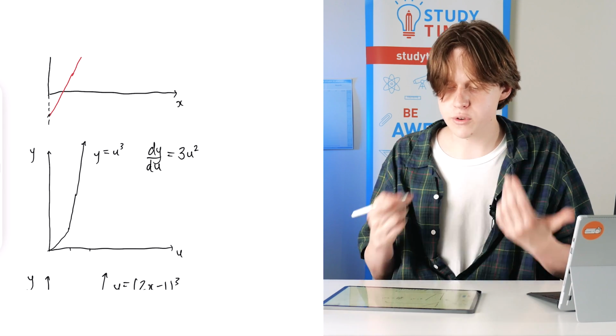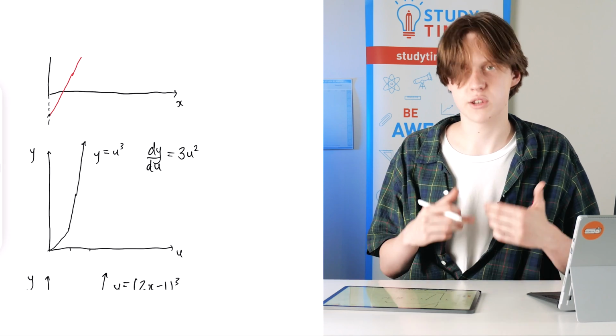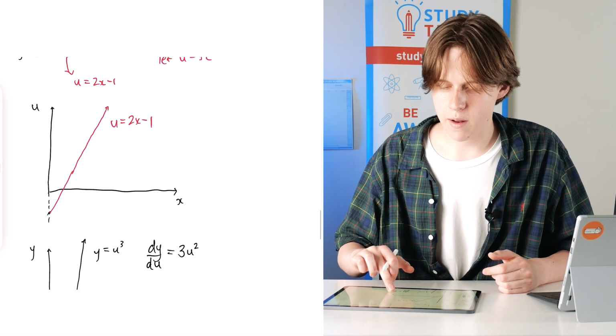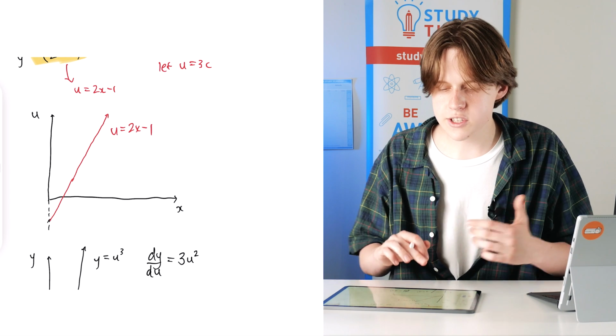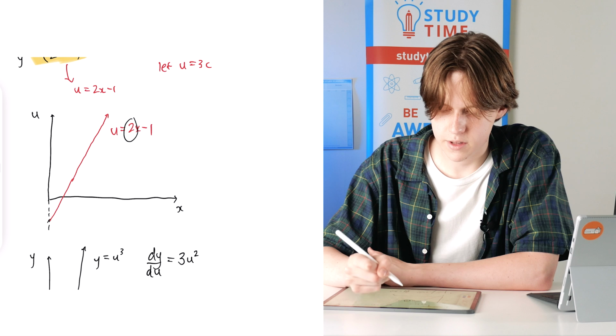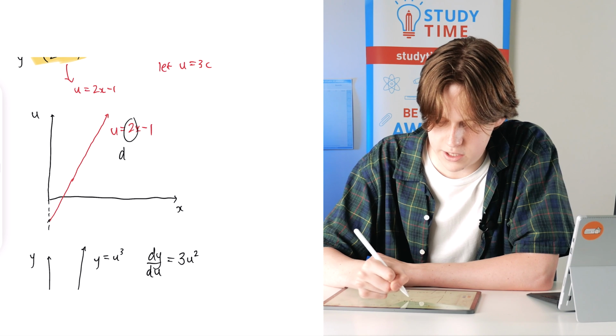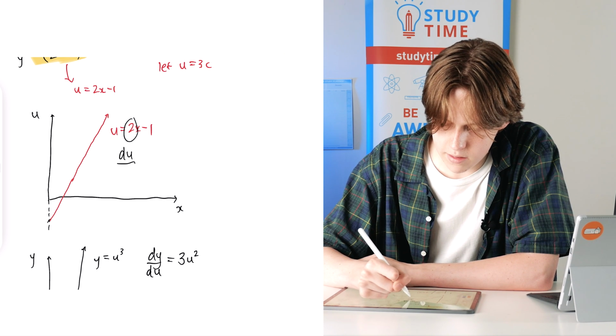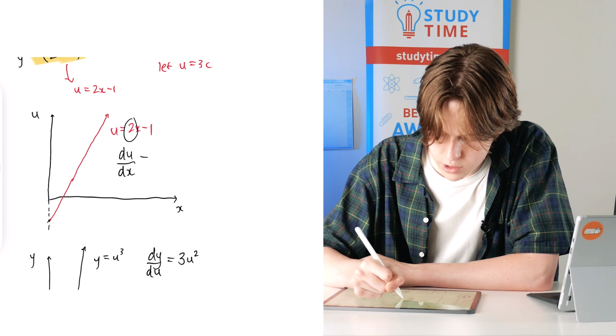And we also know that u equals something to do with x, so we'll add that in later. But here, we need to consider this derivative. Well, we know that we just take this number, this gradient, when we're differentiating. So du by dx equals 2.